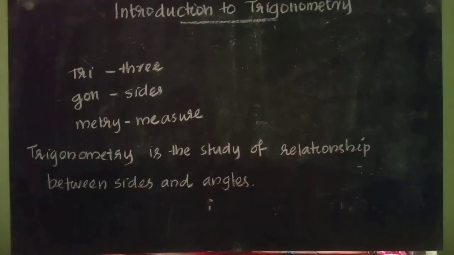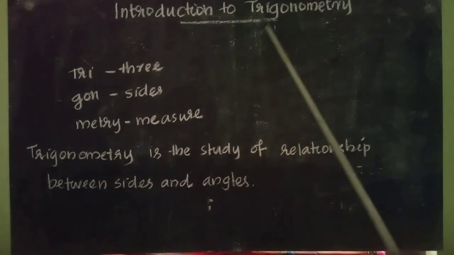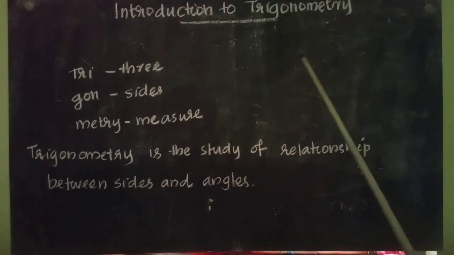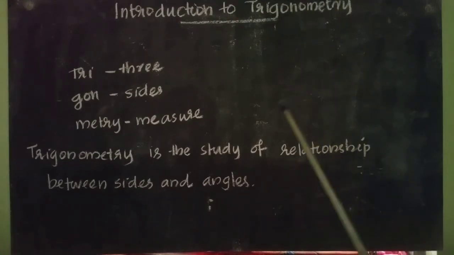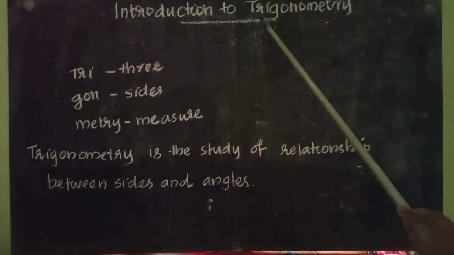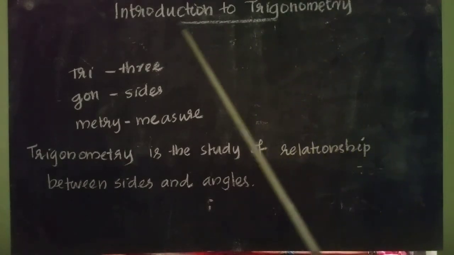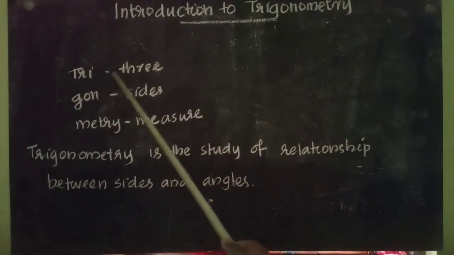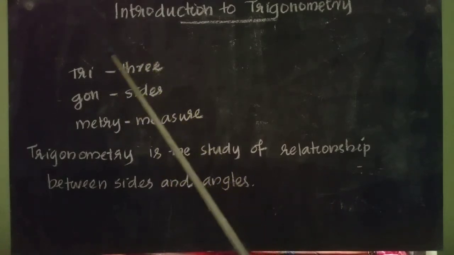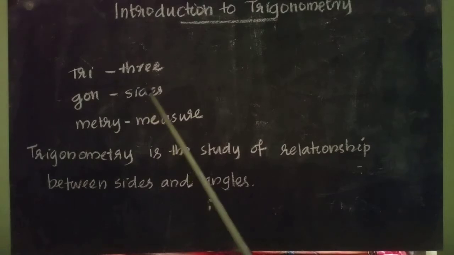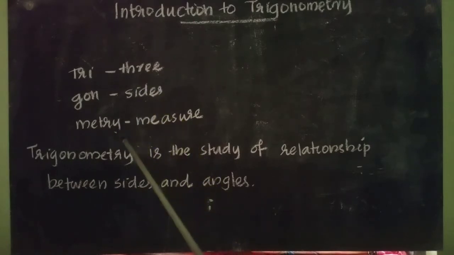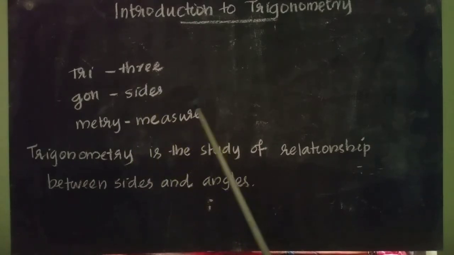In this video, we are going to discuss a new and very important topic, Introduction to Trigonometry. It is chapter 8. The word trigonometry is derived from the Greek words: tri means 3, gon means sides, metry means measure.